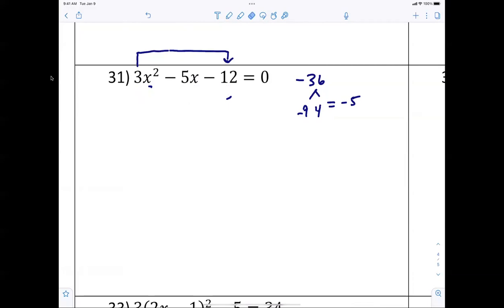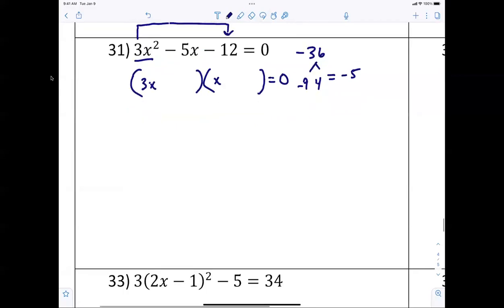All right. So from that, we know it now factors. So everybody's putting 2 sets of parentheses. So the only way to make 3x squared is 3x and what? X. Everybody good with this? And then factors of 12.